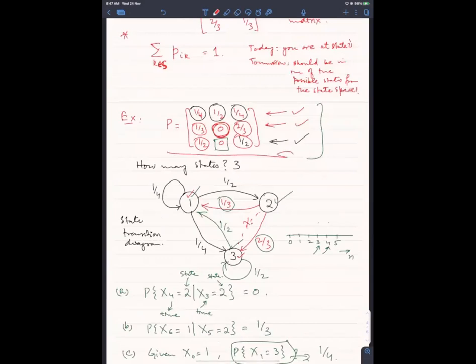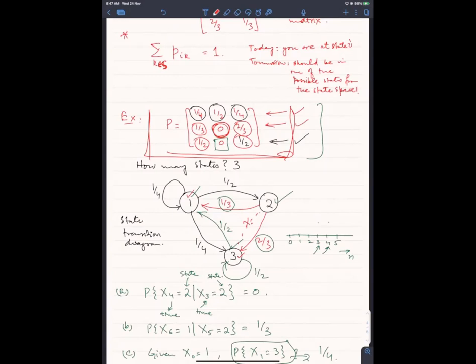This only tells you wherever you are standing today, where will you be tomorrow? It does not tell you where you will be 10 days from today.